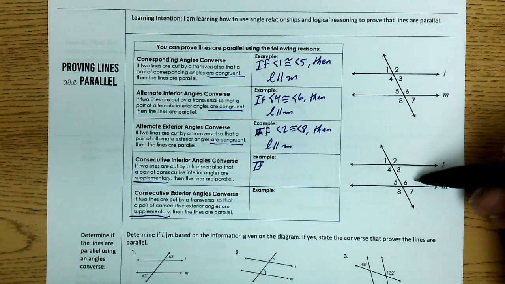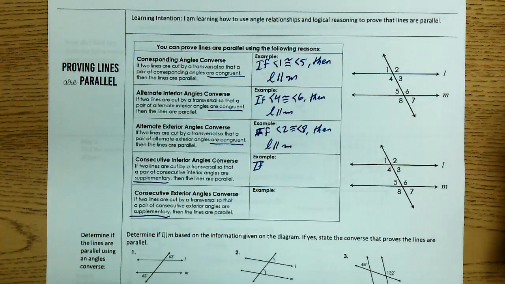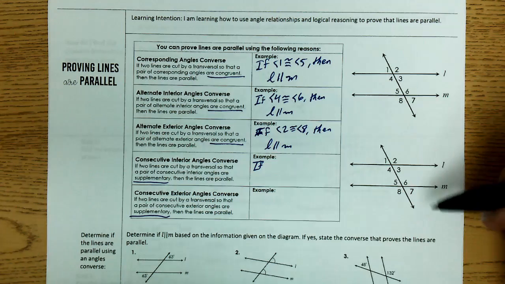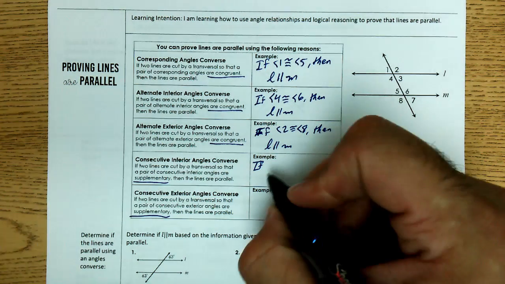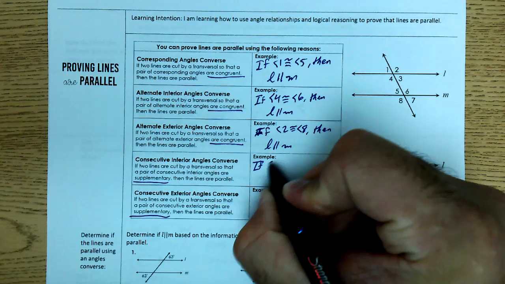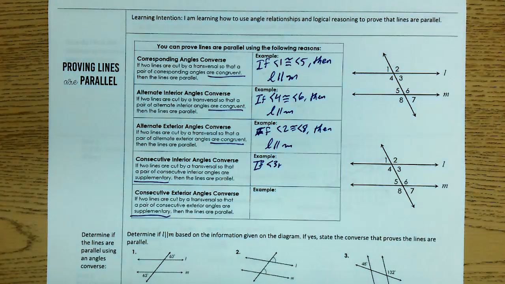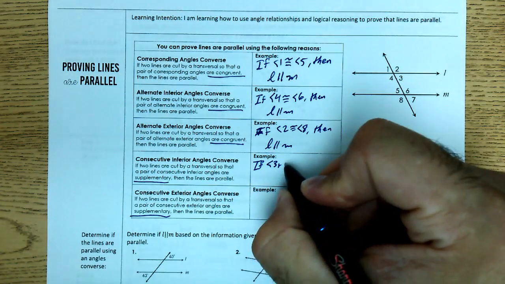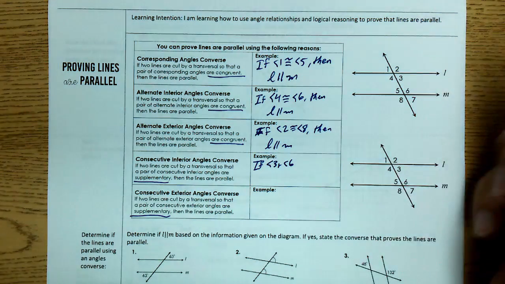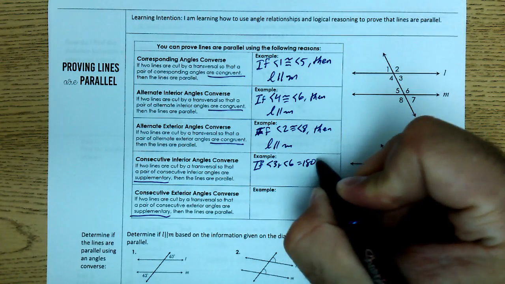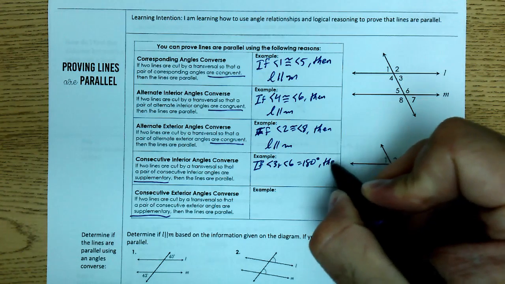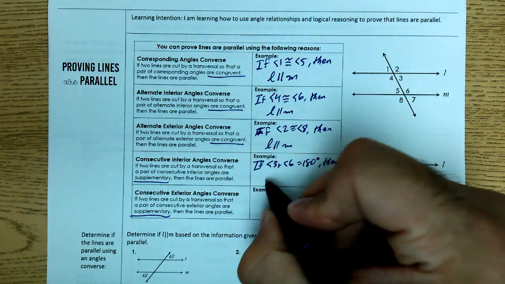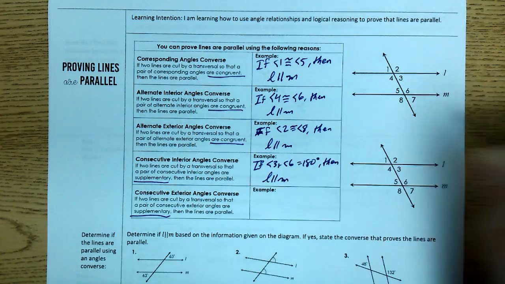So again, 3, 4, 5, 6, they need to be on the same side. So I haven't used a 3 yet. Let's give 3 a little love here. So if angle 3 plus angle 6 equals 180 degrees, then the lines are parallel. L is parallel to M.